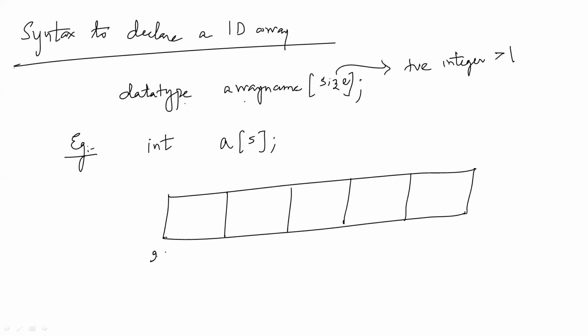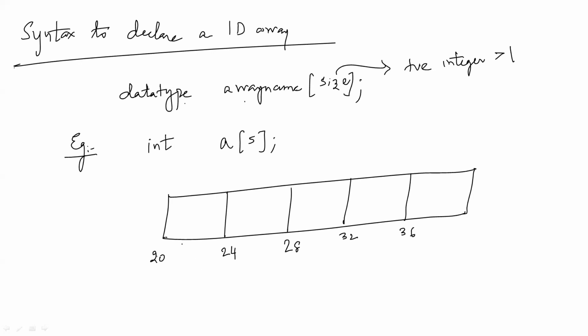So if this starts at 20, the 20th byte, 21st, 22nd, and 23rd bytes will be utilized by the first block. Then 24, 28, 32, 36.